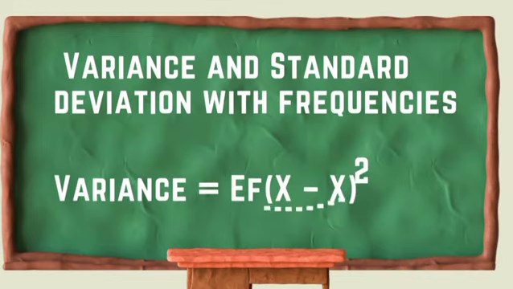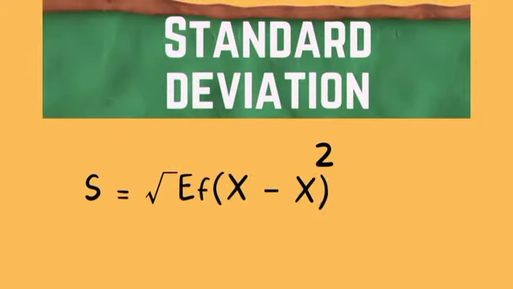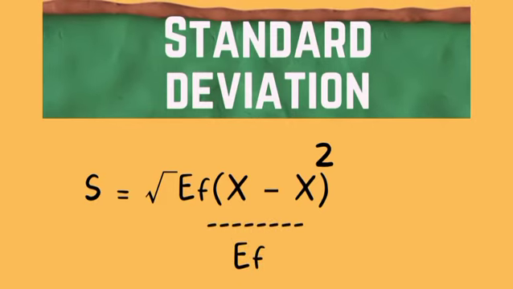But when you have frequency, or you are preparing a frequency distribution table, the formula for the variance here is summation f x minus x bar squared over summation f.